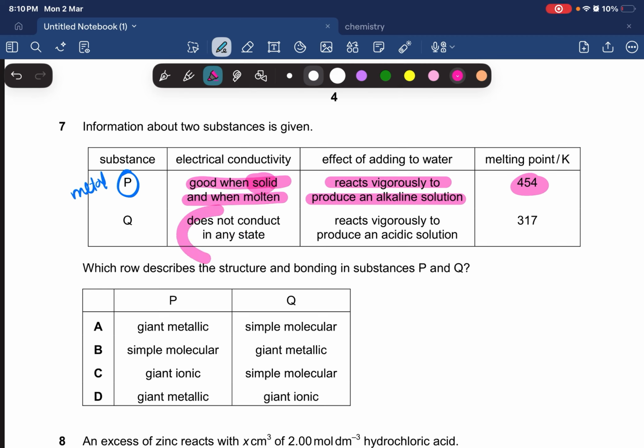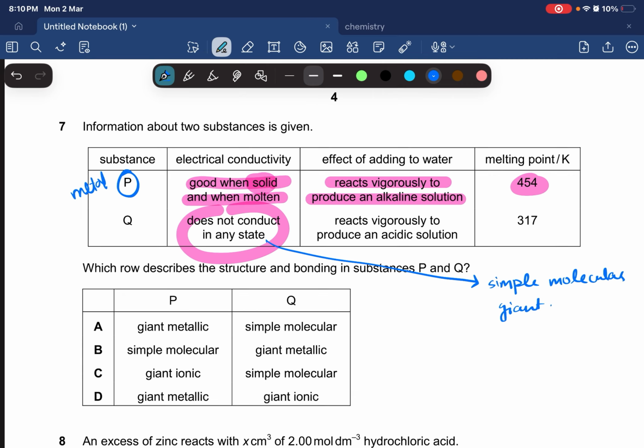If it does not conduct in any state, then either we're talking about a simple molecular or a giant molecular structure, because they don't conduct under any conditions. It reacts vigorously to produce an acidic solution.